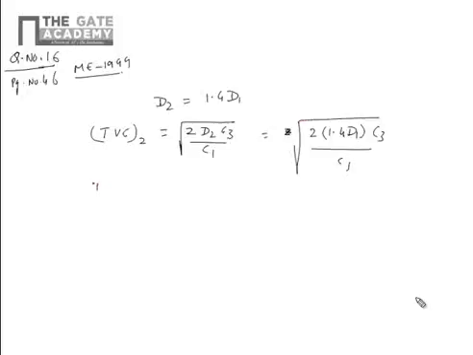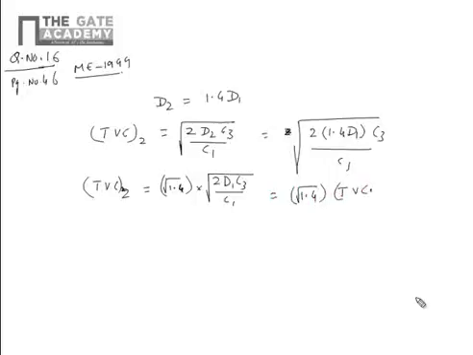So this also can be written as total variable cost equal to square root of 1.4 into square root of 2 D1 C3 C1, which is nothing but square root of 1.4 into the total variable cost of the initial value. So what is square root of 1.4?